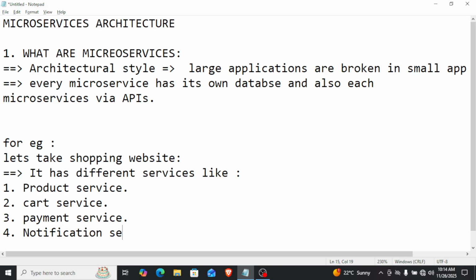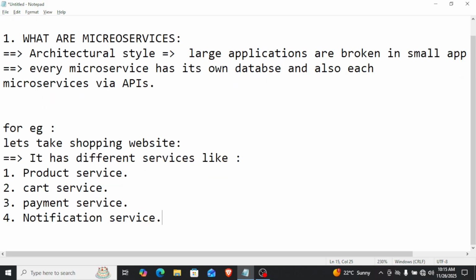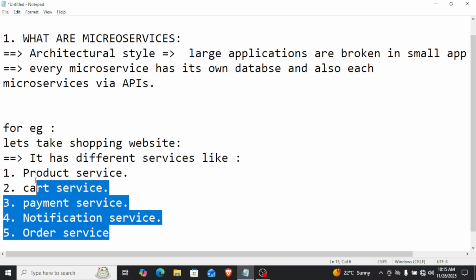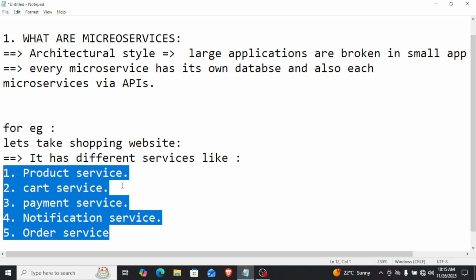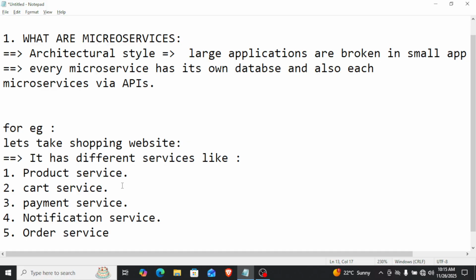And also last, order service. So these are all microservices which work independently in a shopping website.